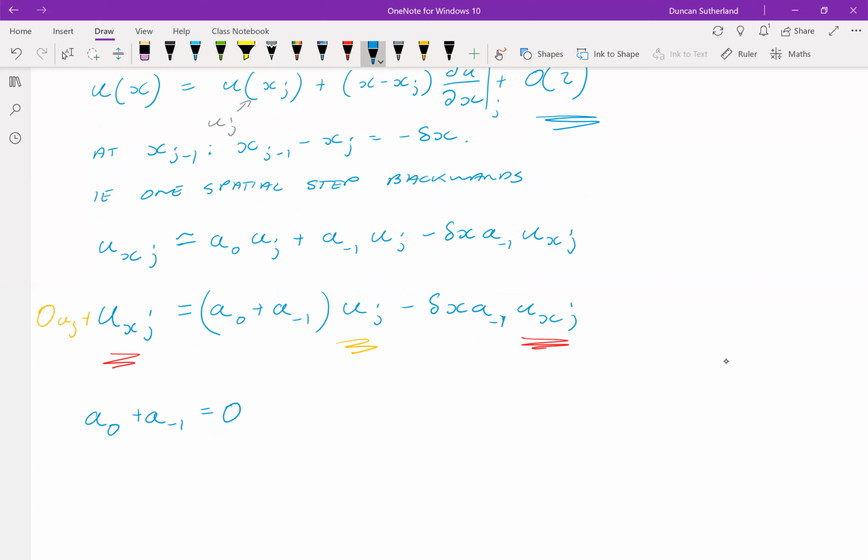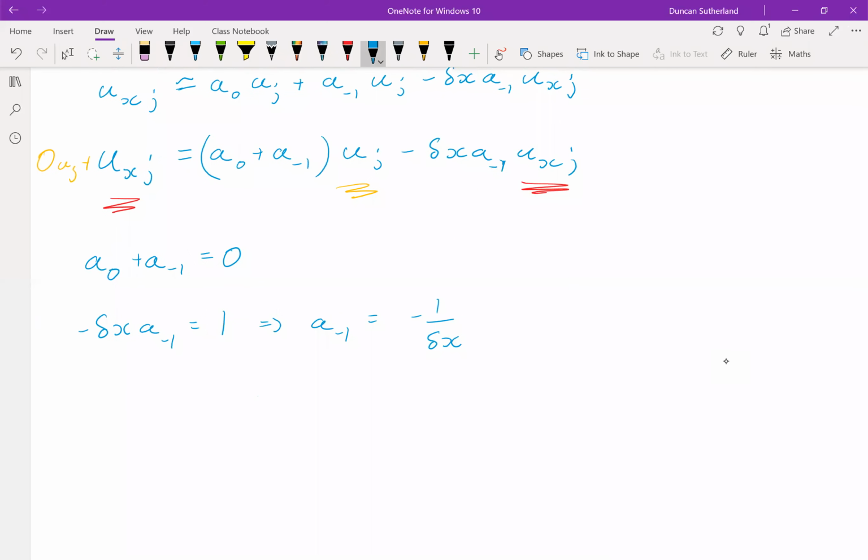This term, however, well, it's clear that minus delta x times a minus 1 equals 1, right? Just balancing the ux's. That implies a minus 1 equals minus 1 on delta x.